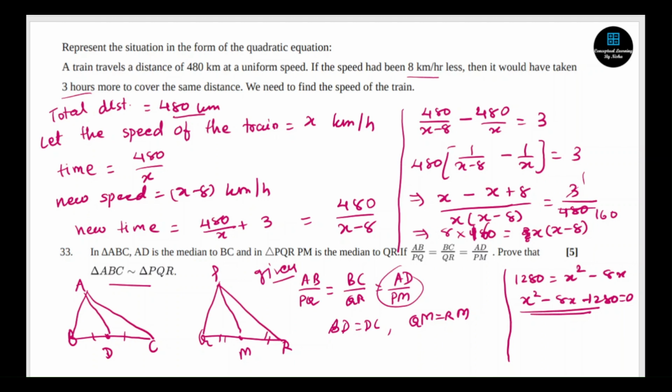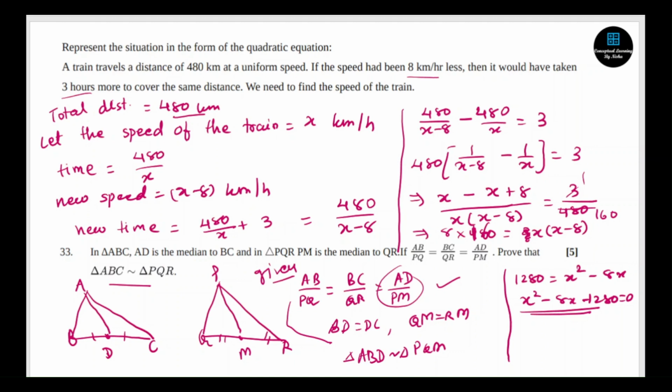So first of all, by this given thing, which two triangles are similar? Triangle ABD is similar to triangle PQM. This you can say from this result.